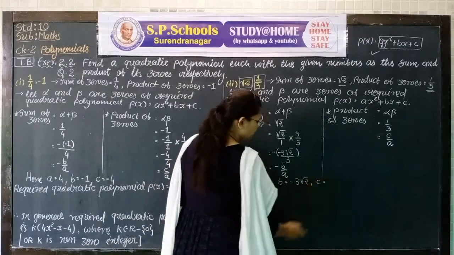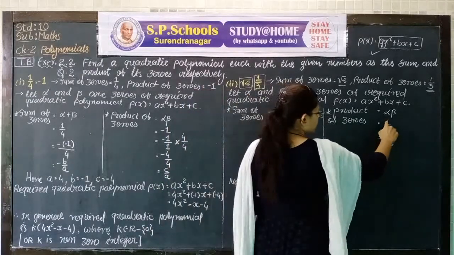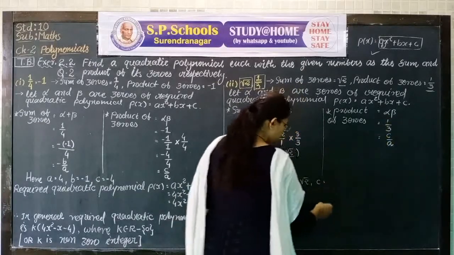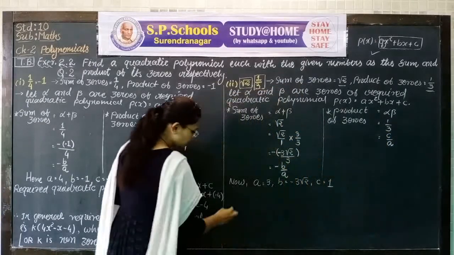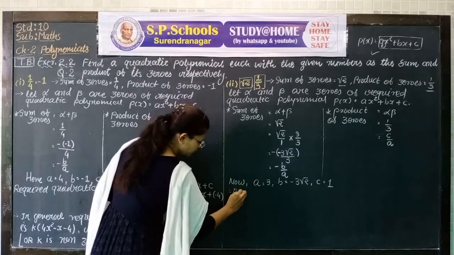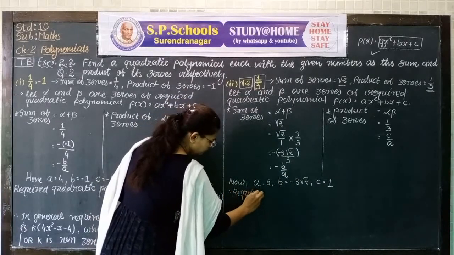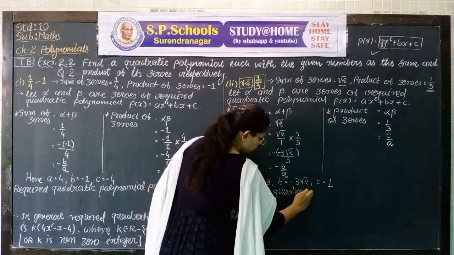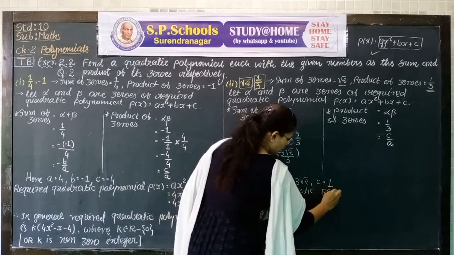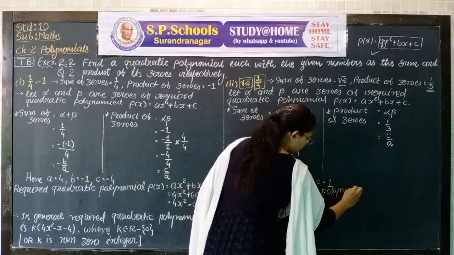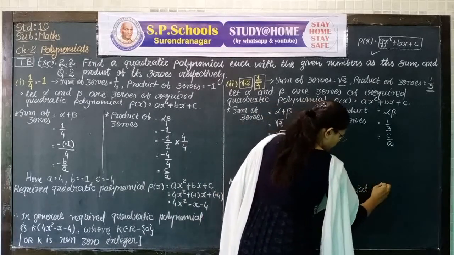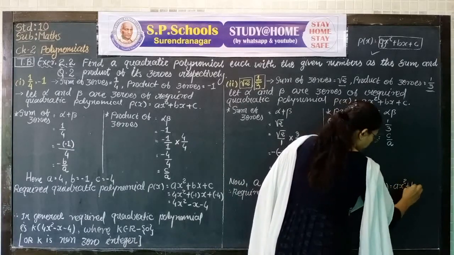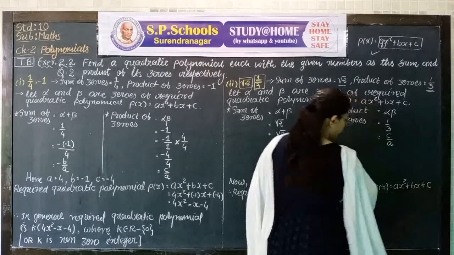And c is equal to 1, because c is in the numerator. Therefore the required quadratic polynomial p of x is equal to ax square plus bx plus c.